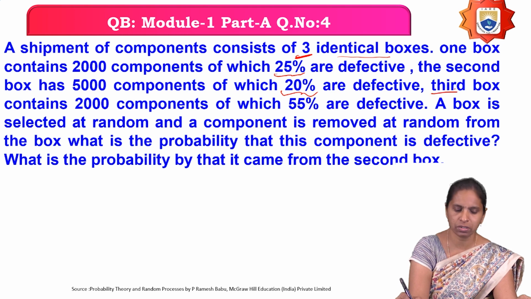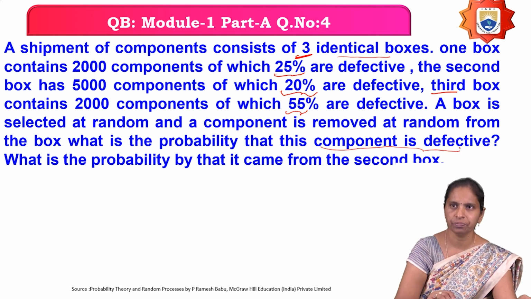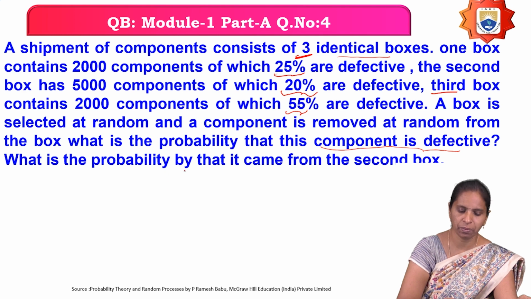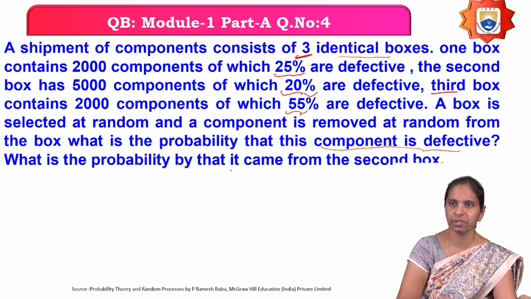And the third box contains 2000 components, of which 55% are defective. Next, a box is selected at random and a component is removed at random from the box. What is the probability that this component is defective? After that, what is the probability that it came from the second box?